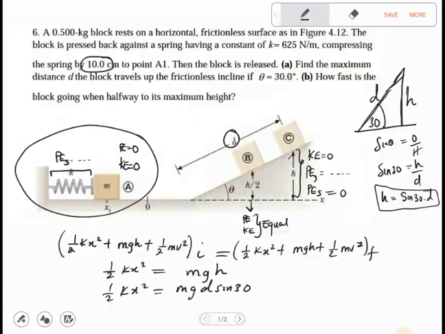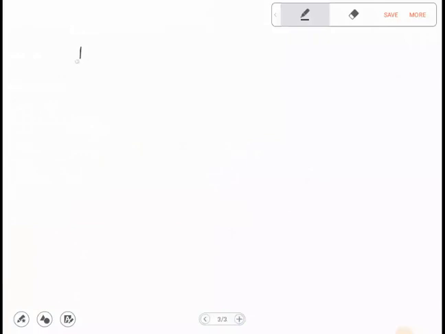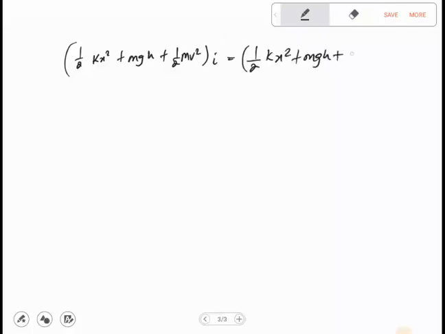Now, if we are going to use the same conditions here, now it's just like it's halfway now. So what are we saying? Here's what we are saying. We are saying the energies: half kx squared plus mgh plus half mv squared initial is equal to half kx squared plus mgh plus half mv squared final.